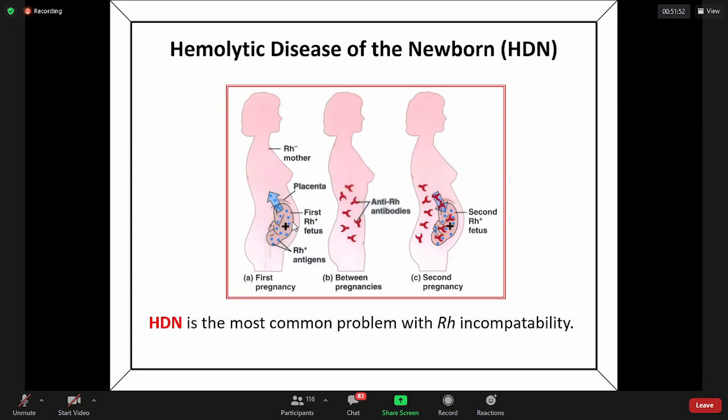So in the first pregnancy, nothing happens. There is no problem. It's just that the rhesus positive antigens cross the placenta to the mother's system. Mother forms rhesus antibodies. In the second pregnancy, when the mother carries a rhesus positive baby, these antibodies cross over to the baby and destroy the red blood cells of that baby, which is really very bad.